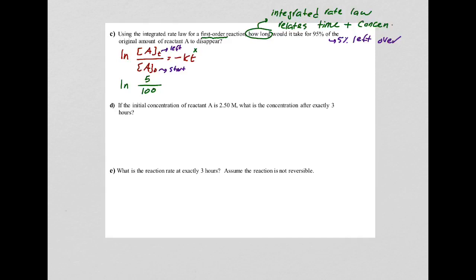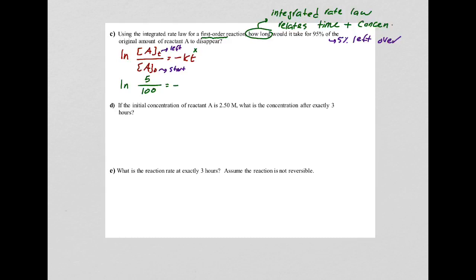I can say that I started with a concentration of 100, and then I ended up with a concentration of 5. Can I say that? Sure, because if 95% is going away, if I start with 100 molar, I'm going to have 5 molar left. Can I do that? Sure, I can do that.